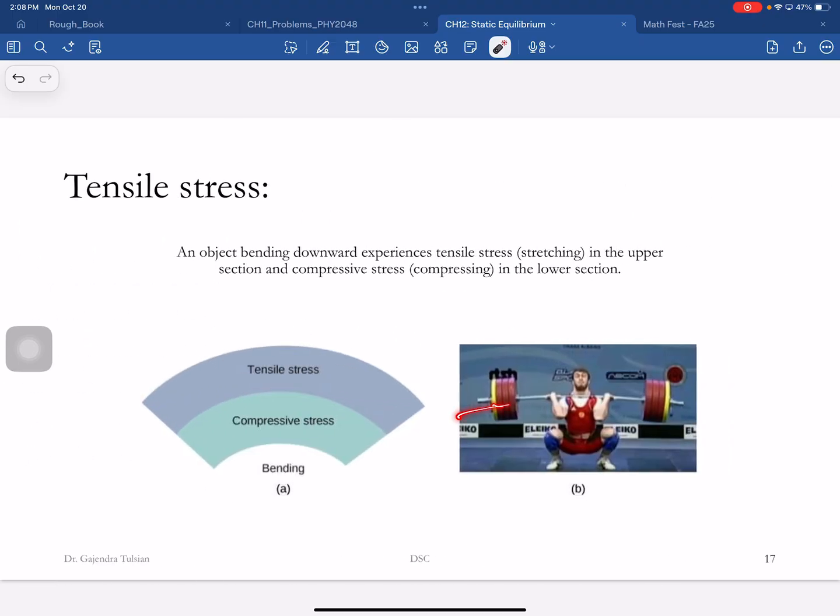All right, so when this guy is lifting, so if this bar were to crack, you see as the bar is bending, the top portion is being stretched and the bottom portion is being compressed. So if at all this were to develop a crack, that's where it would develop a crack. Okay. Remember, under tensile stress, you're lengthening it.